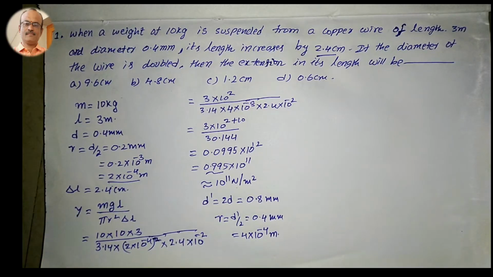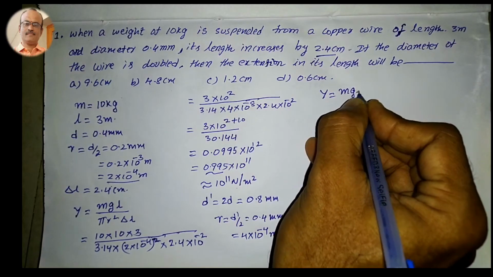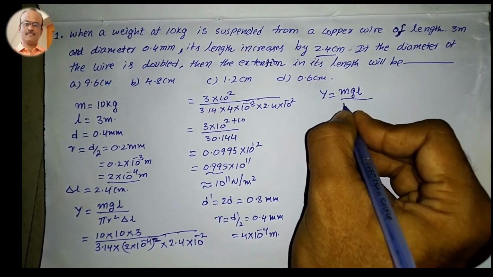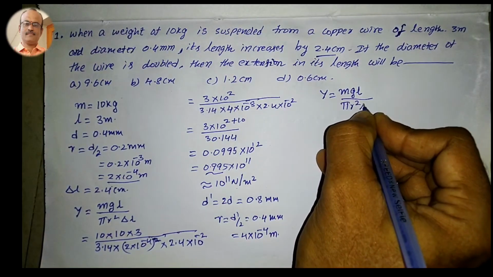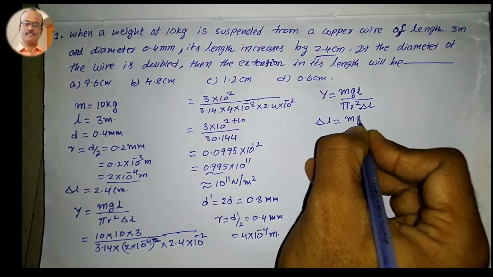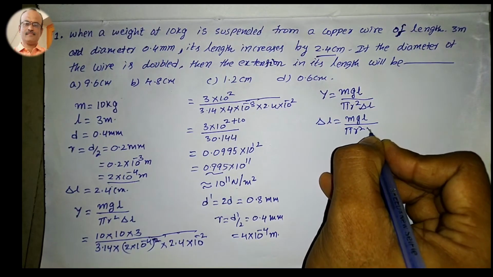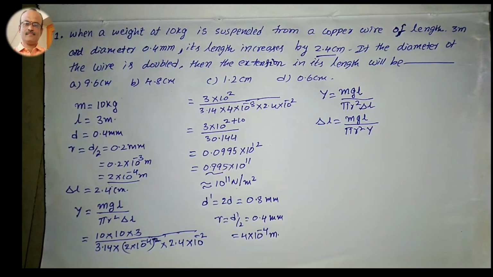Radius we got. Again we will use the formula Y is equal to m into g into L divided by pi r square into delta L. But here delta L is equal to m into g into L divided by pi r square into Young's modulus.